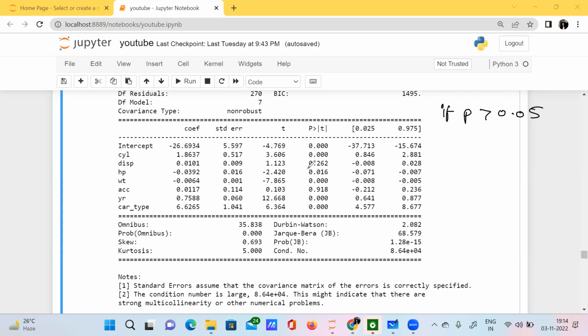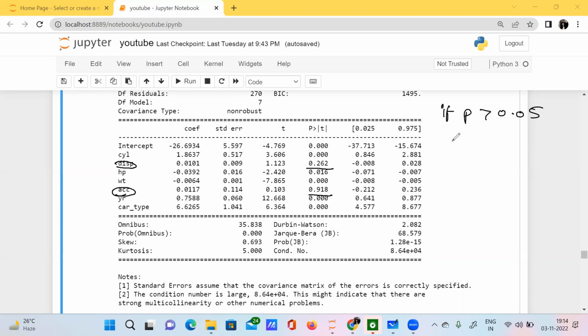That is 0.262 here, and this one, 0.918.